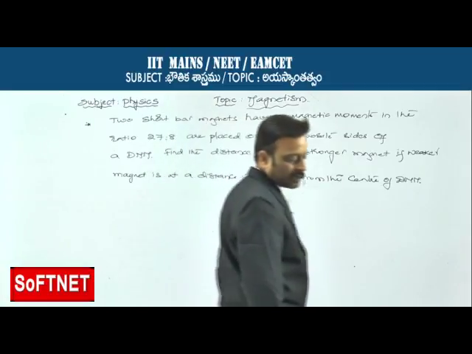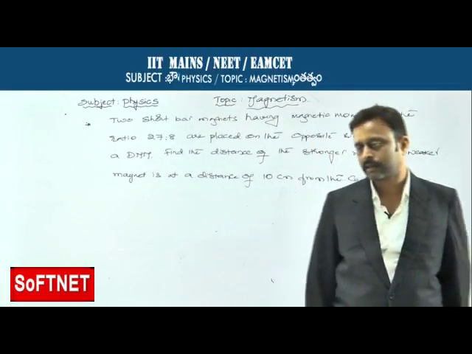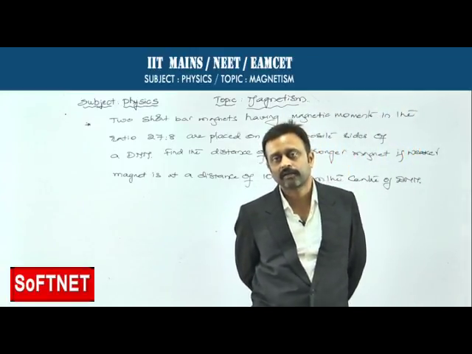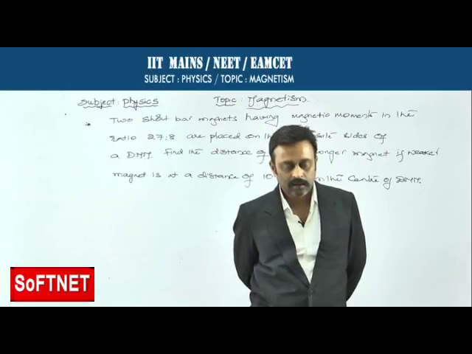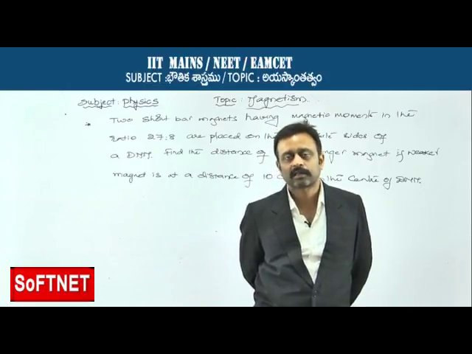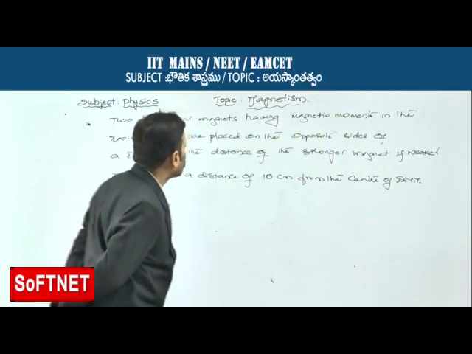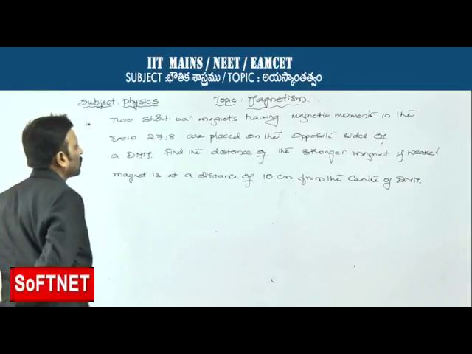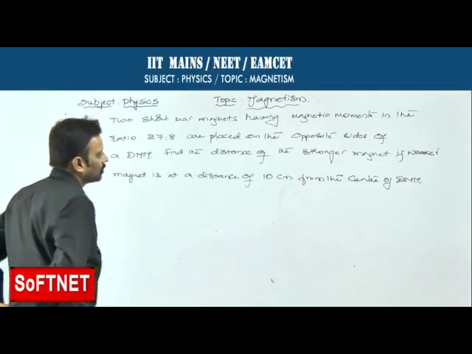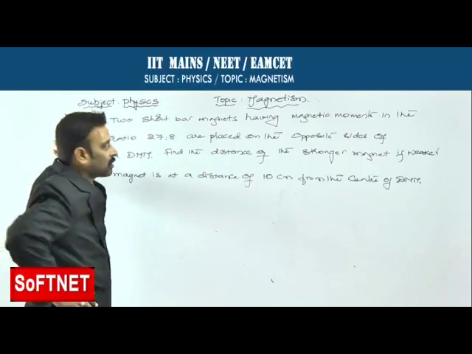These magnetic moments can be compared by two methods. One is the equal distance method, another one is the null deflection method. The ratio of magnetic moments obtained by using these two methods is approximately equal. Now, this is the problem based on the null deflection method.